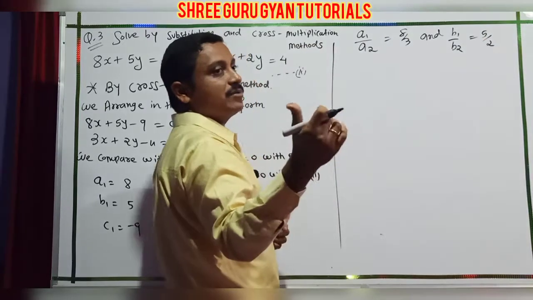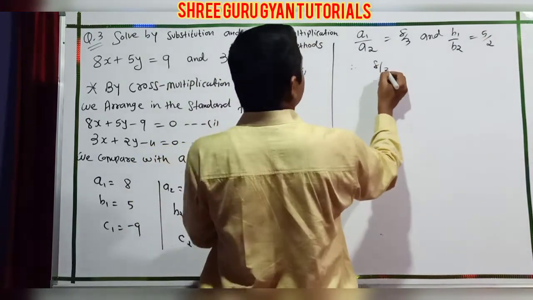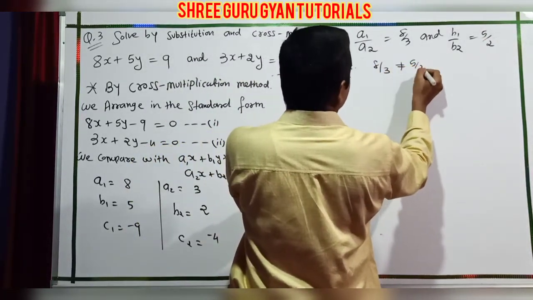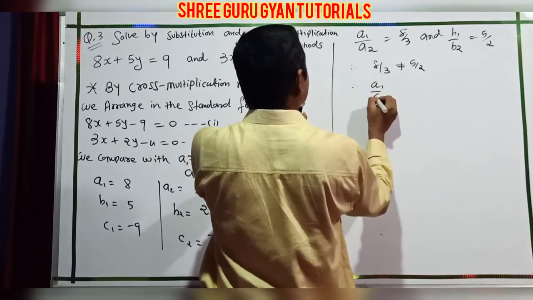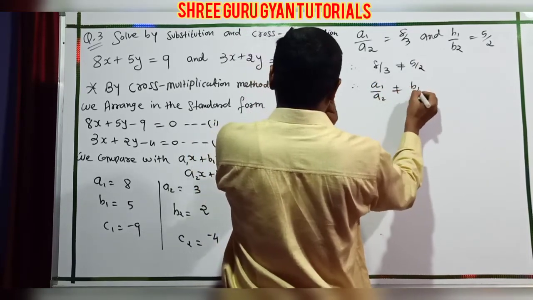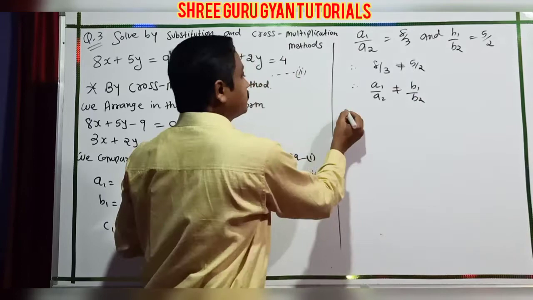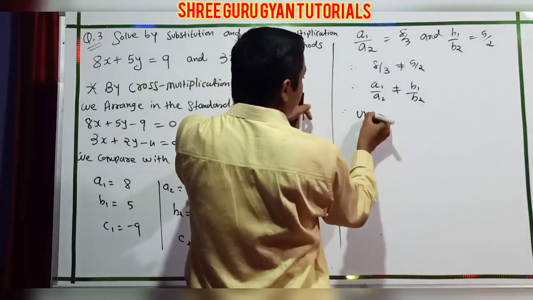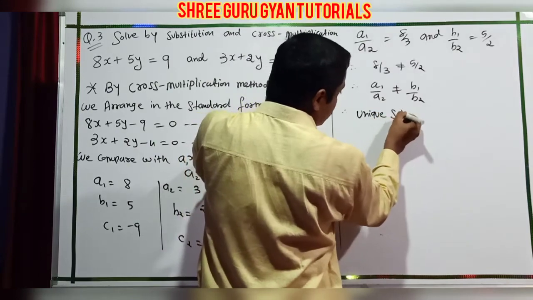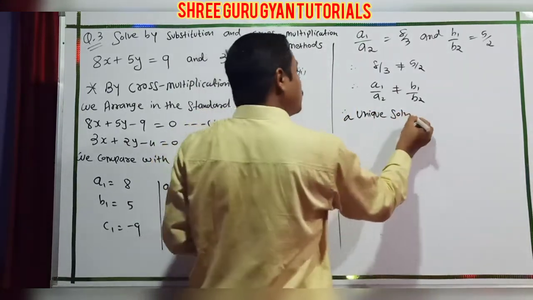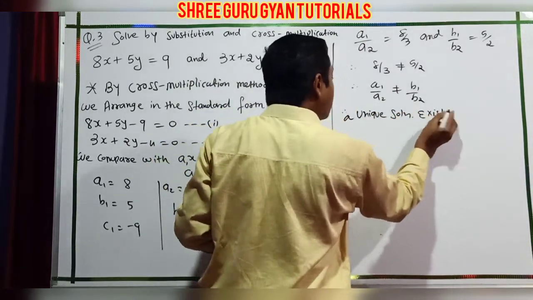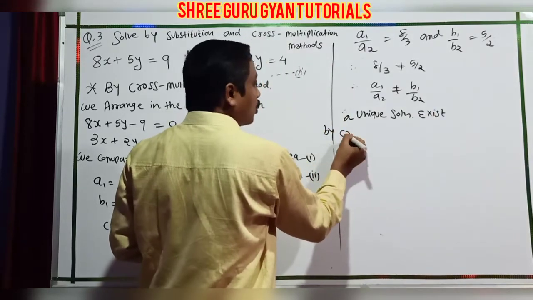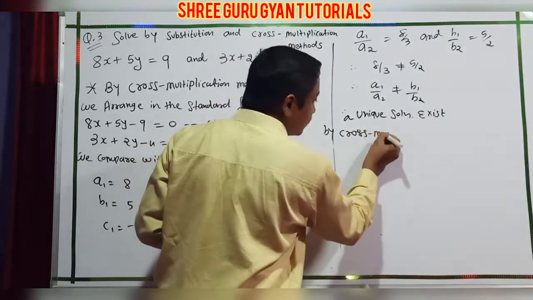Both are not the same. So 8 by 3 is not equal to 5 by 2. So a1 by a2 is not equal to b1 by b2. It means a unique solution exists. Now I start the cross multiplication method.